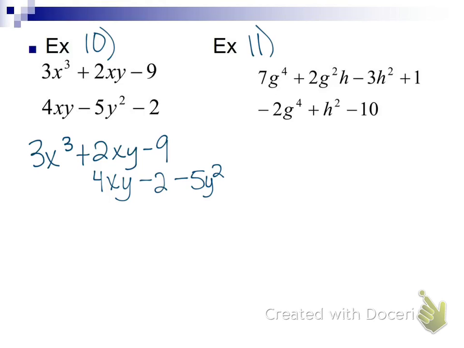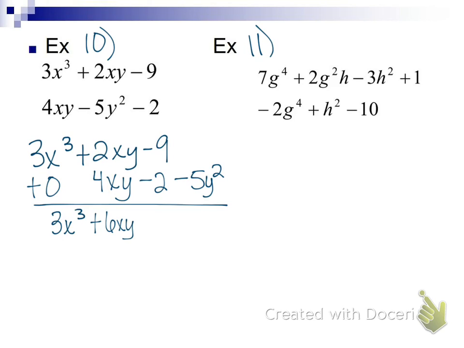Okay. When we go through to combine, what's technically getting added to the 3x cubed? A 0. So that's just 3x cubed. 2xy plus 4xy. Somebody said it. 6xy. We just add those coefficients.